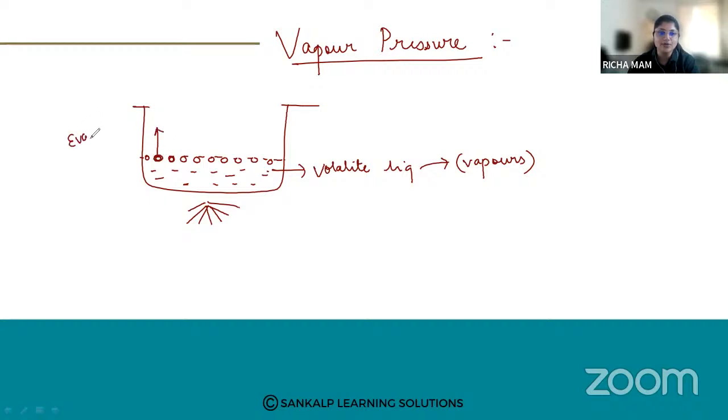They will undergo a process called evaporation. So when I apply an external temperature to the volatile liquid in the beaker, the molecules at the surface will start evaporating.